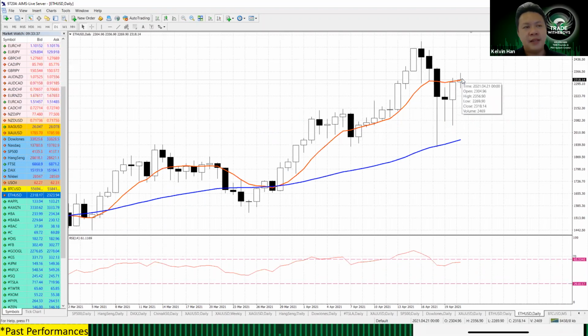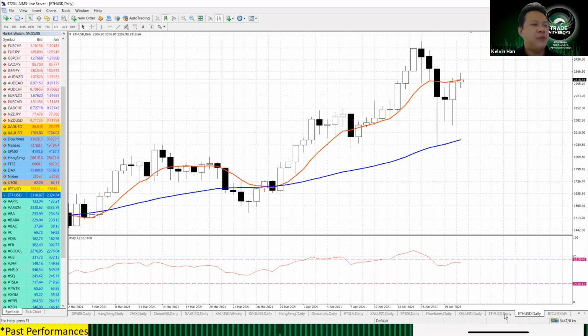That is the MA11. You can see how perfect it is: on Saturday when it came down, it touched MA11, and then the next day when it breached below the MA11, it came all the way down, and incredibly at MA70, that is where it stopped perfectly and then rebounded. Oh my God.